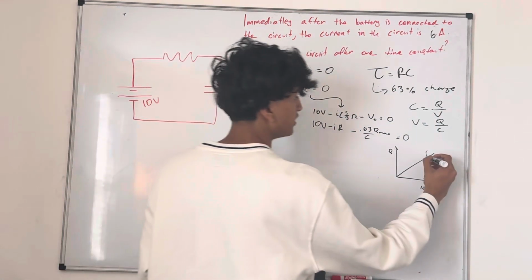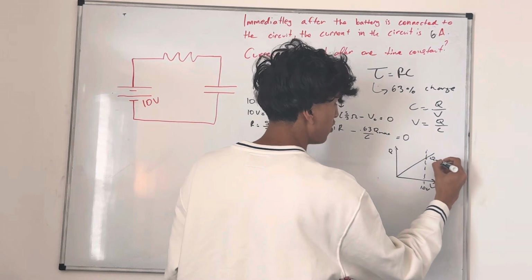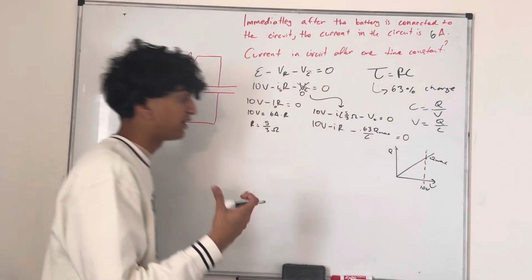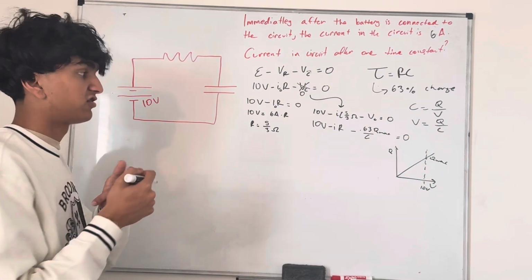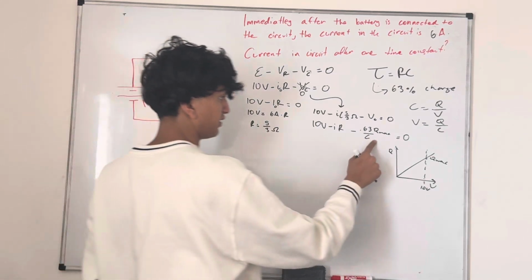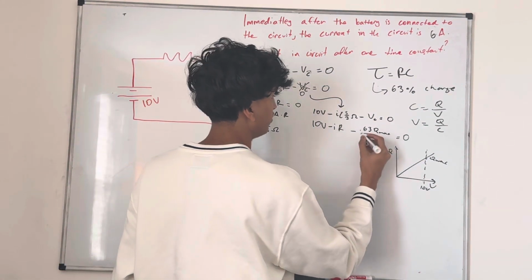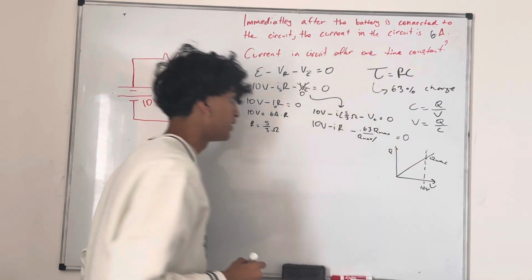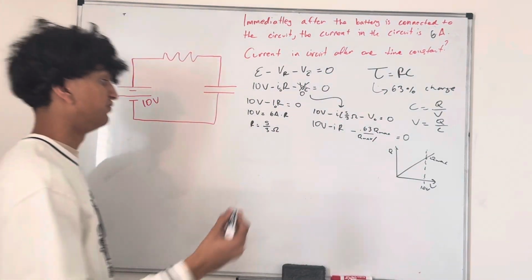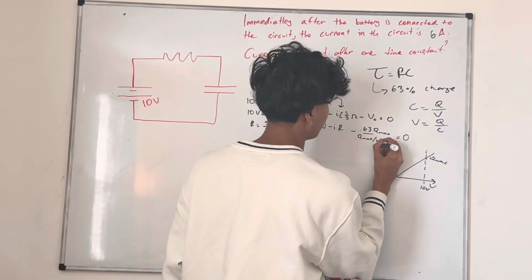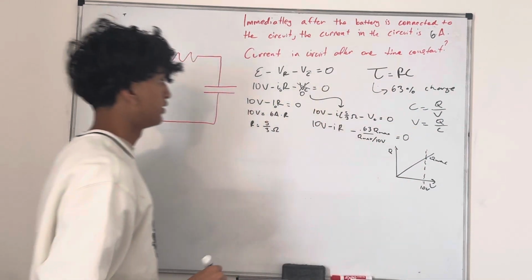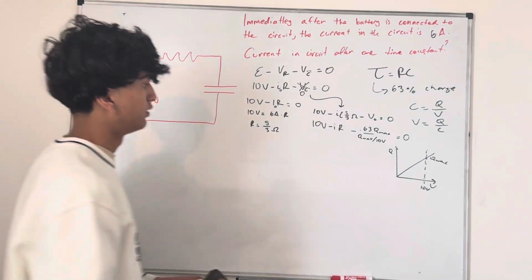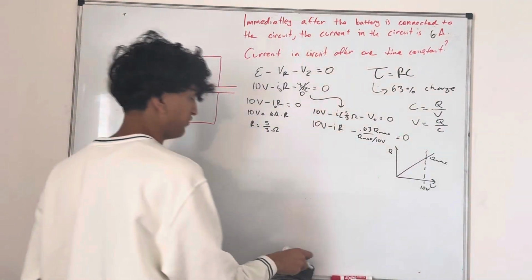It's going to have that Q max. I don't know what the Q max is, but that's fine, because instead of C, I could write Q max divided by V max, which is really 10 volts. So I'll leave the graph, it's fine.